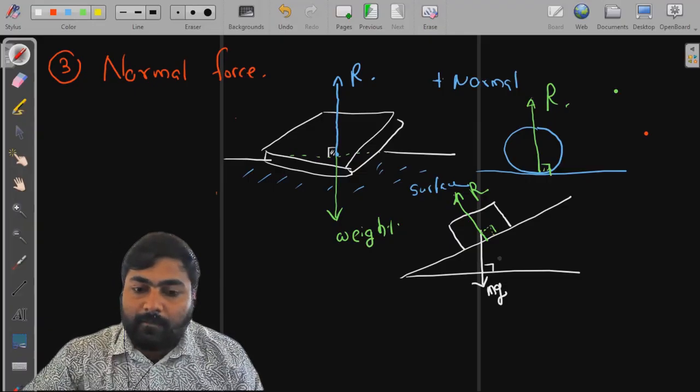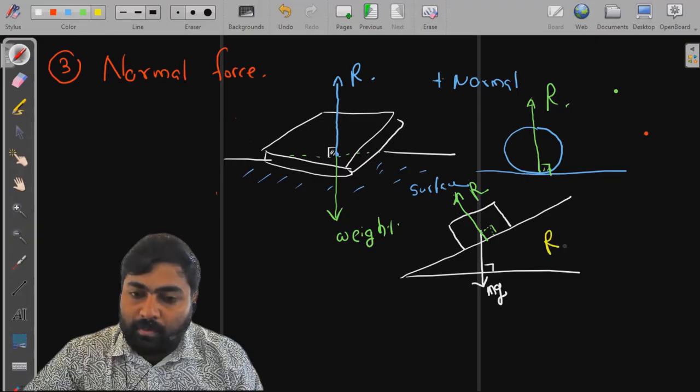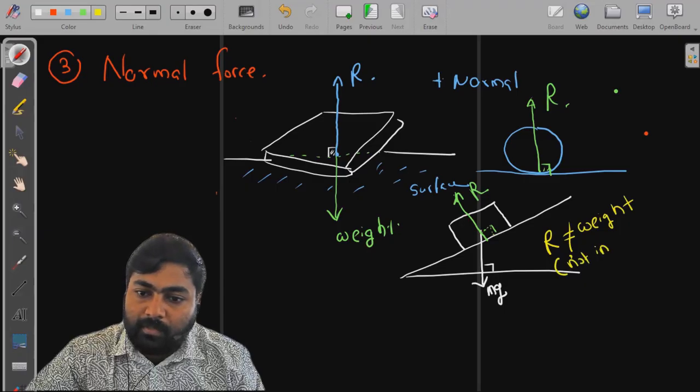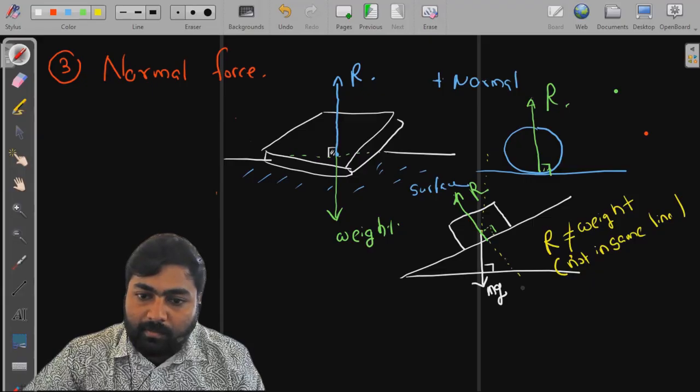If it is an inclined plane, the normal force and weight are not equal, and they are not in the same line. If I extend the mg, it goes towards this. If I extend the R, it comes to this one.